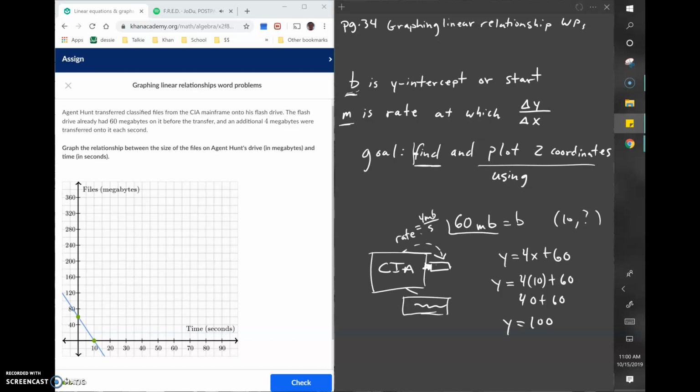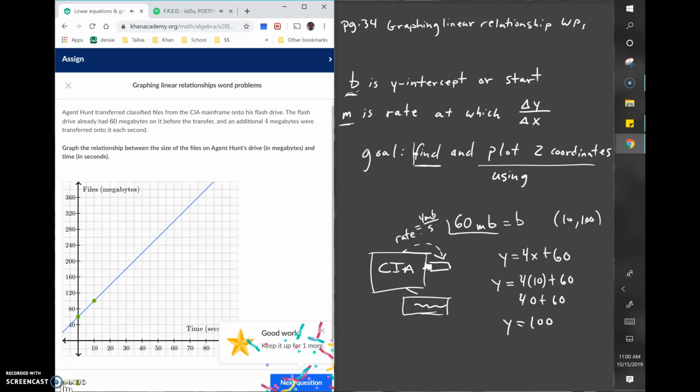So that point would be (10, 100). Let's see if we can graph that. And 100 is right between 80 and 120, perfectly, just like that. And that's how you do graphing linear relationship word problems. Good luck.